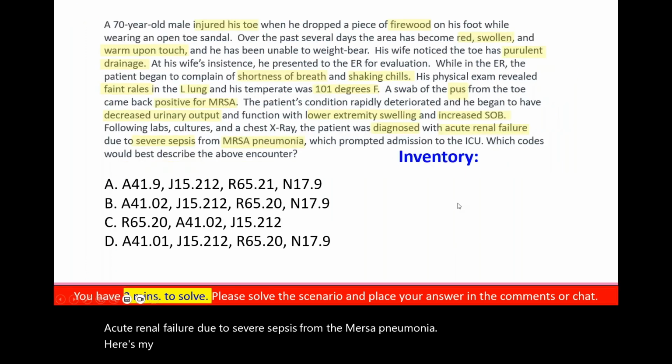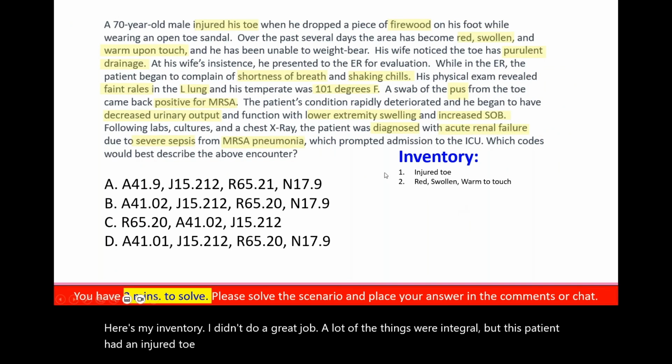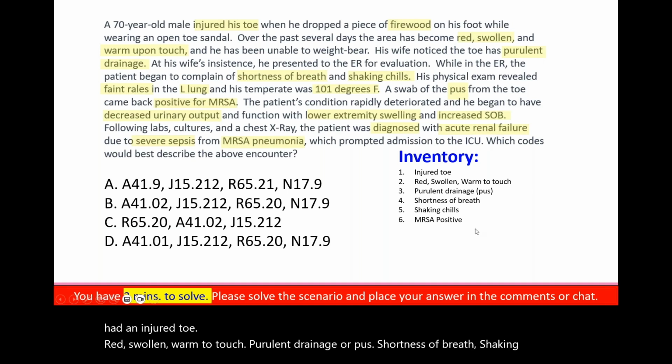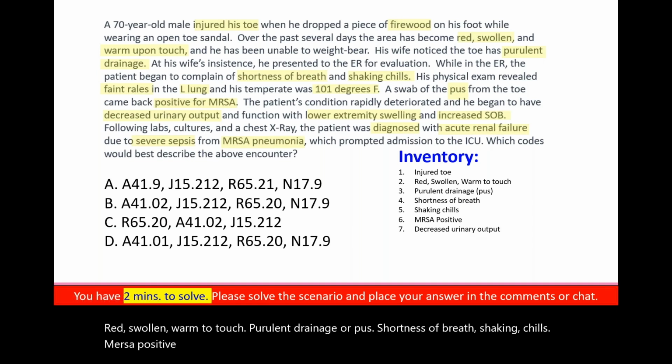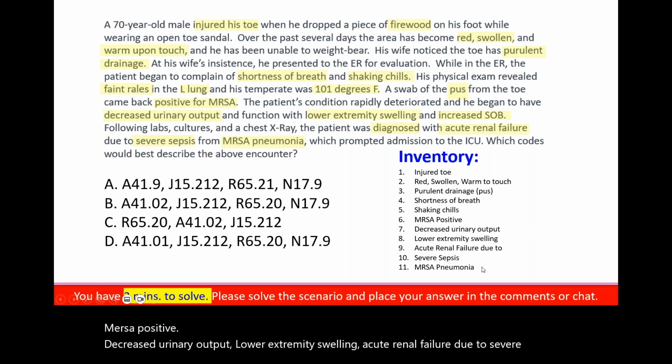Here's my inventory. I didn't do a great job. A lot of the things were integral, but this patient had an injured toe, red, swollen, warm to touch, purulent drainage or pus, shortness of breath, shaking chills, MRSA positive, decreased urinary output, lower extremity swelling, acute renal failure due to severe sepsis, MRSA pneumonia.